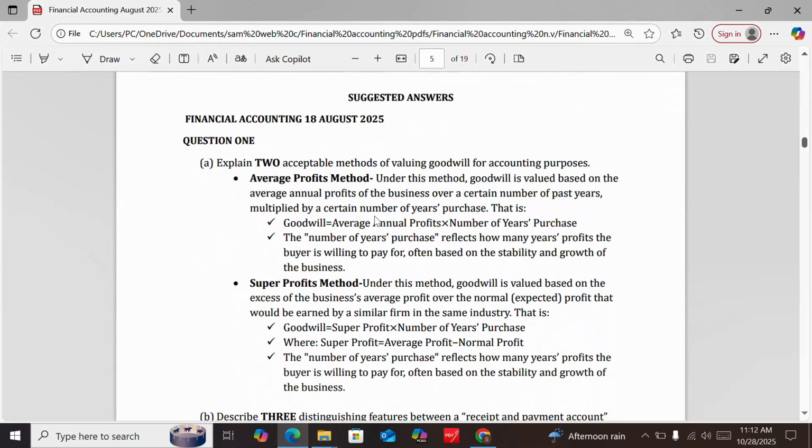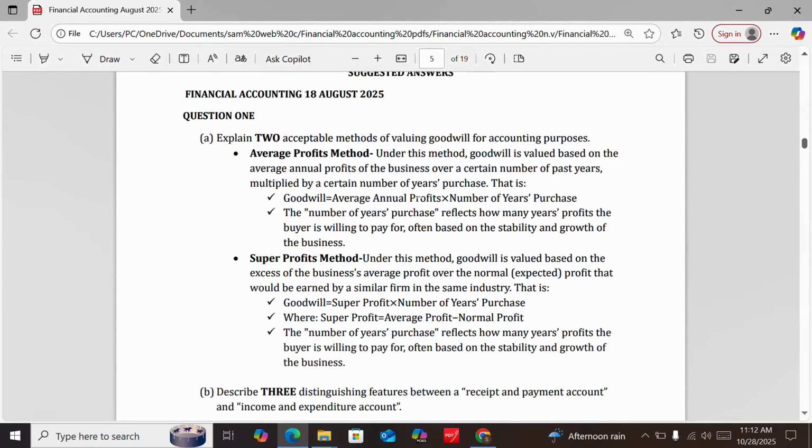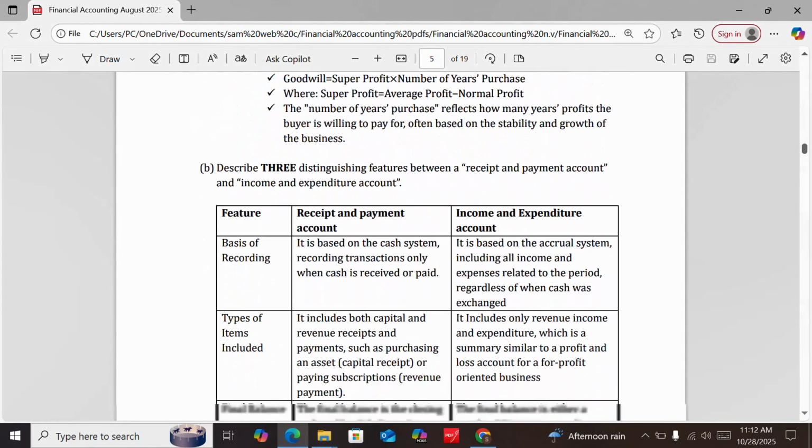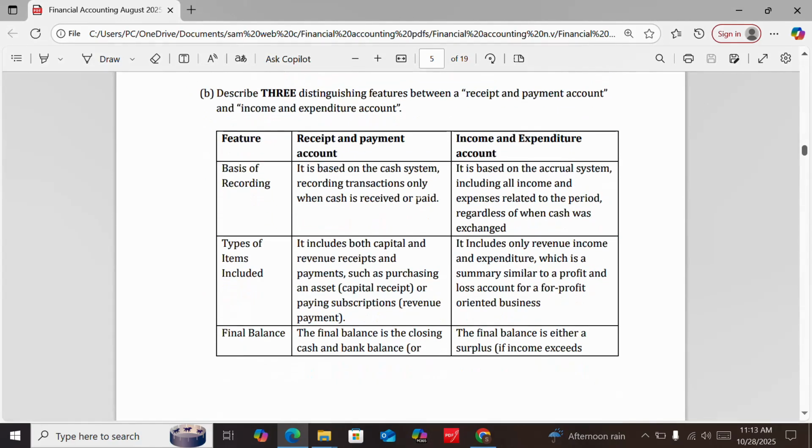These are the methods of valuing goodwill. Then we have part B, three distinguishing features between receipt and payment account. We have the differences.